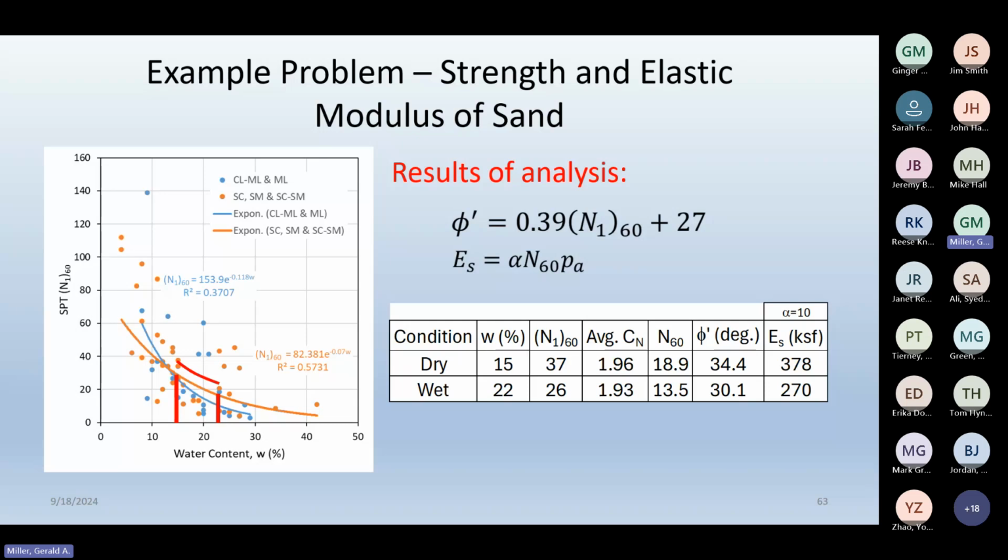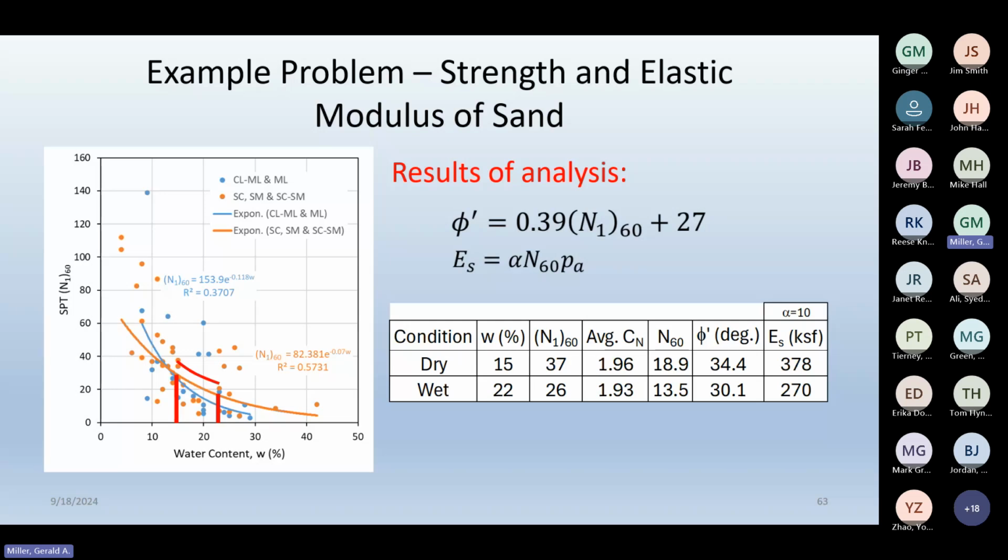Nevertheless, the trends are not horrible and they're in the right direction. So it gives us some sense of how those N values may change as water content changes. And note that some of these points actually represent saturated conditions. So most are unsaturated.